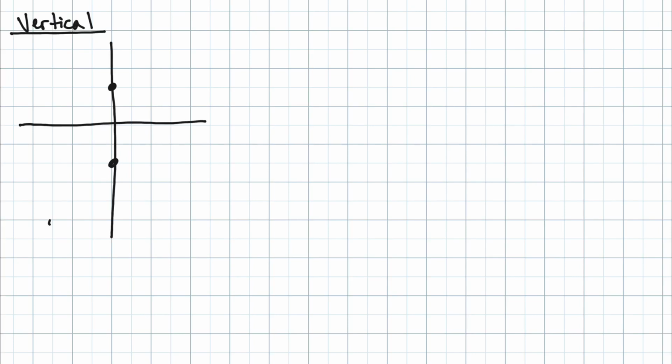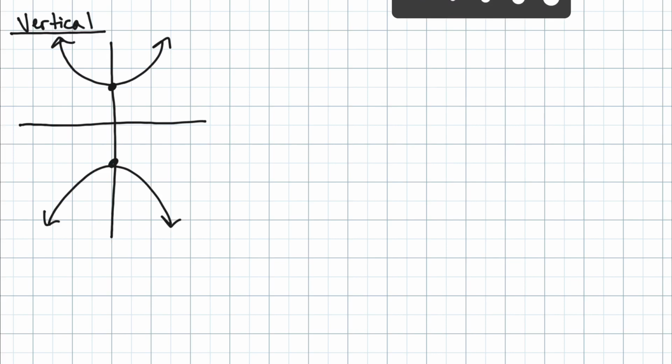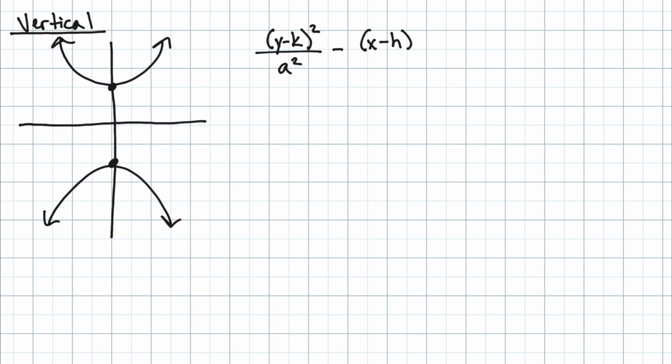Okay. Here we go, a vertical hyperbola. Here's your equation. Y minus k squared over a squared minus x minus h squared over b squared equals 1.